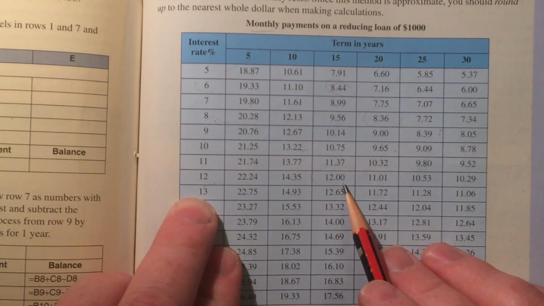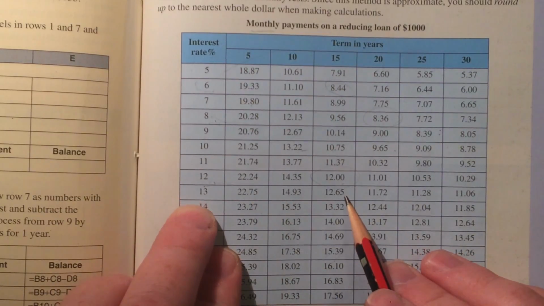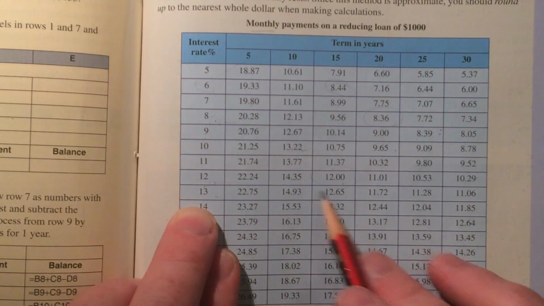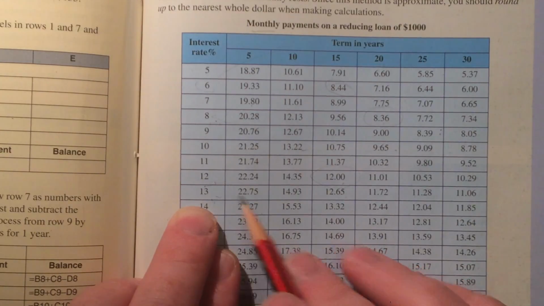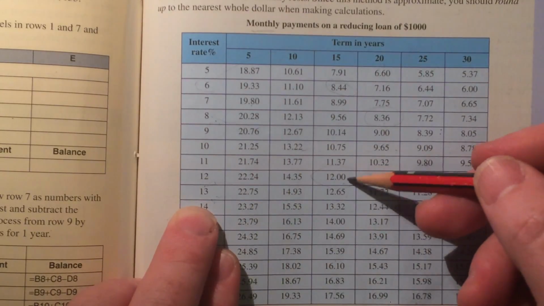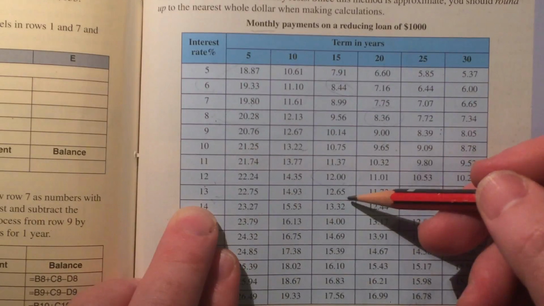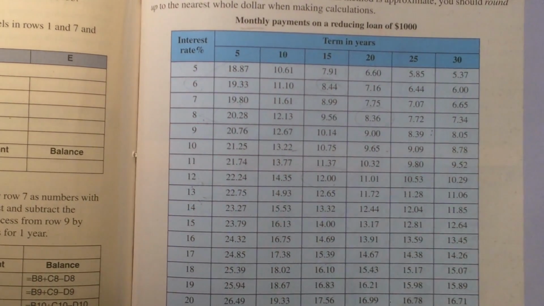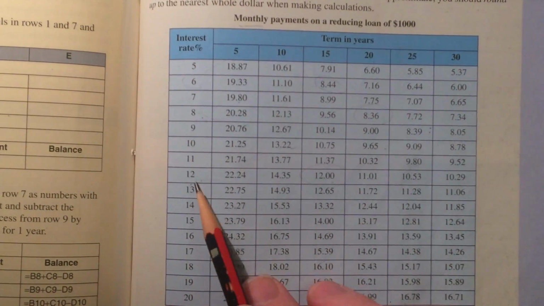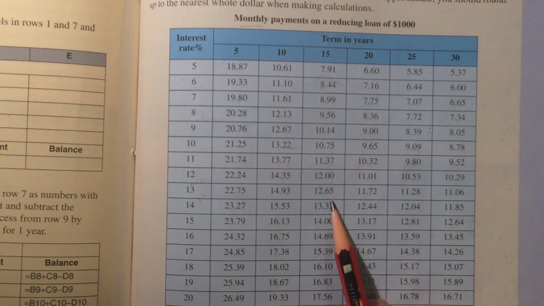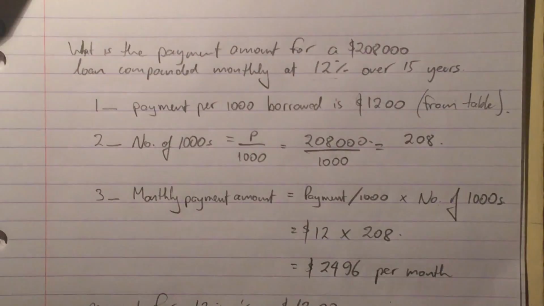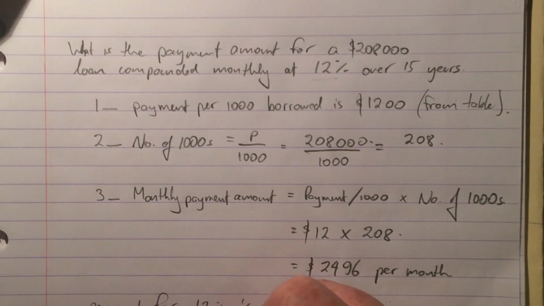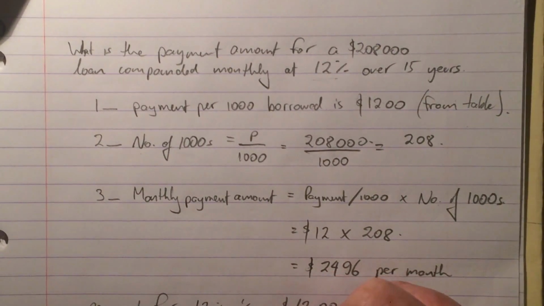So we don't want $12, and we don't want $12.65, which is the amount that corresponds to 13%. We want somewhere in between these two values. We want 12.3%. So 12% we know is $12, 13% is $12.65.